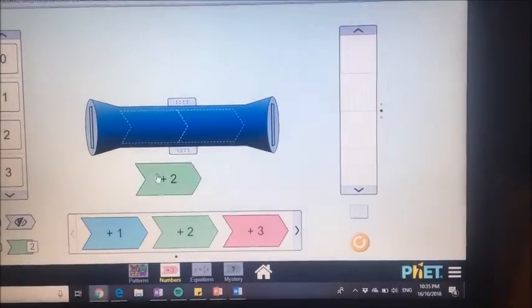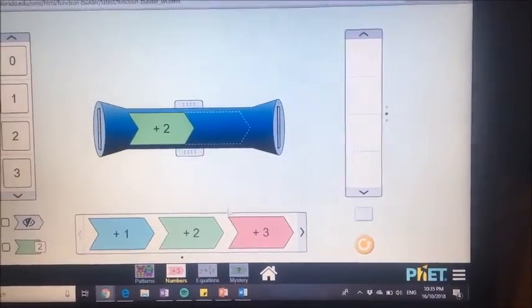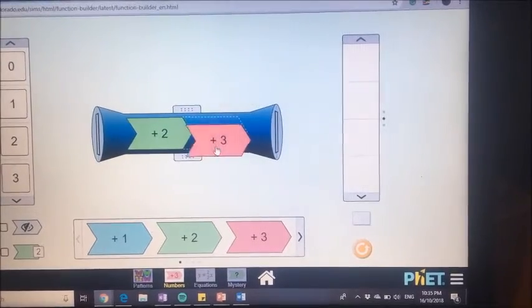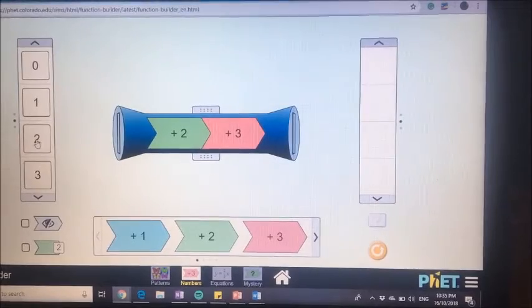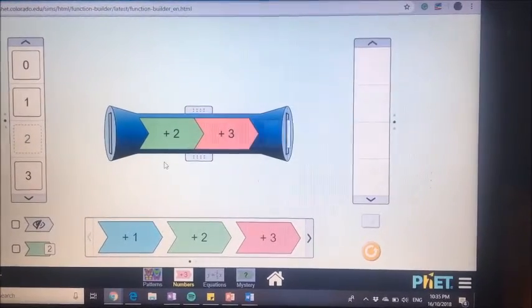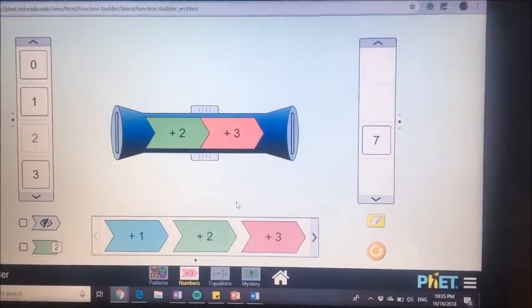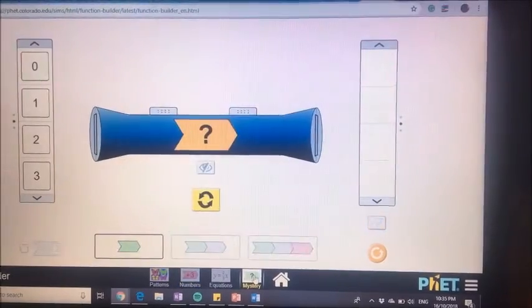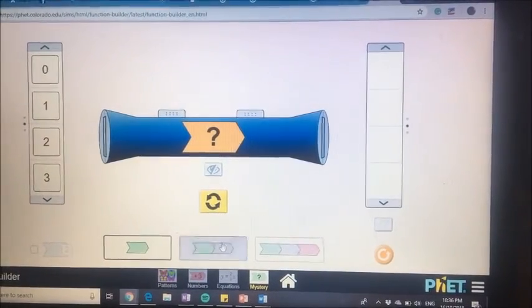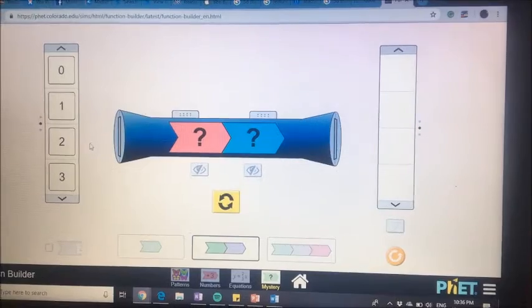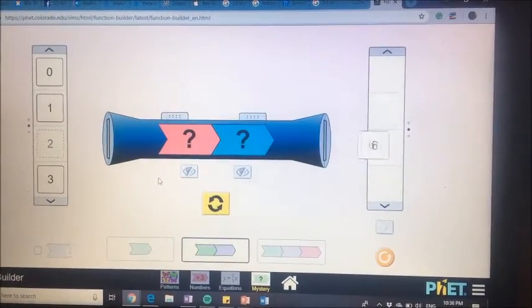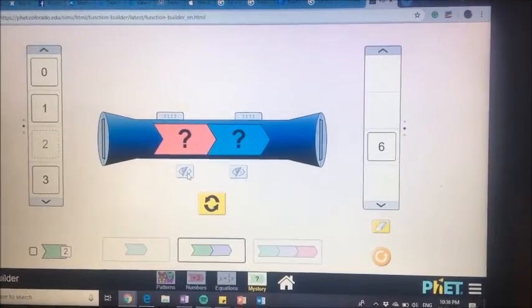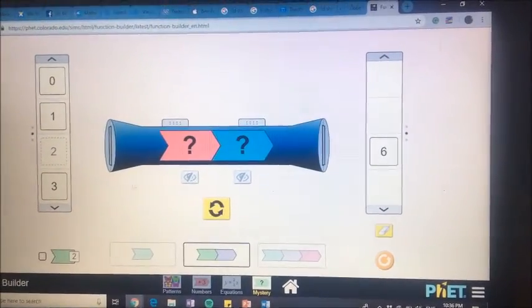So if you click on numbers, they can add in extra ones and find out what the function could be. Like that. You can also do a mystery one. You can put in 2, and then figure out what that is. And you've got to find it out.